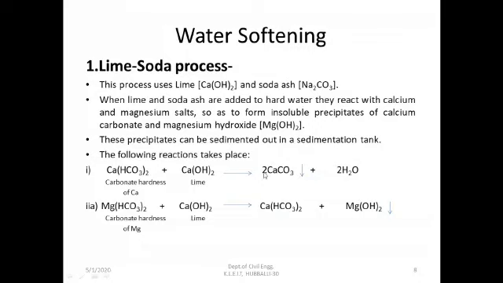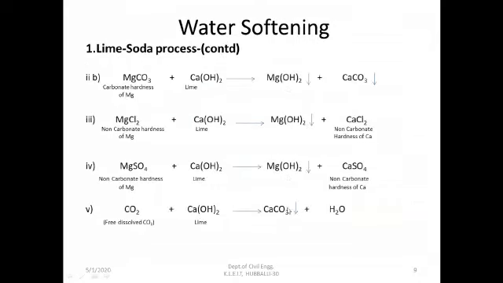And these are the reactions wherein the carbonate hardness of calcium and the carbonate hardness of magnesium react with the lime to form calcium carbonate and magnesium hydroxide, which can be sedimented out. Further, you can see here, carbonate hardness of magnesium in the form of MgCO3 and magnesium chloride reacts with lime to form magnesium hydroxide, which can be precipitated out.